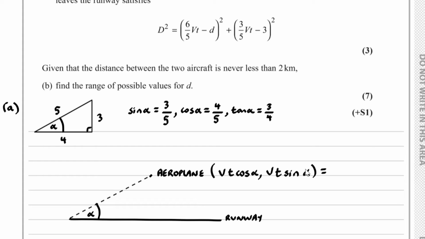And knowing what cos alpha and sine alpha are, we can write this coordinate as 4/5 vt, 3/5 vt.